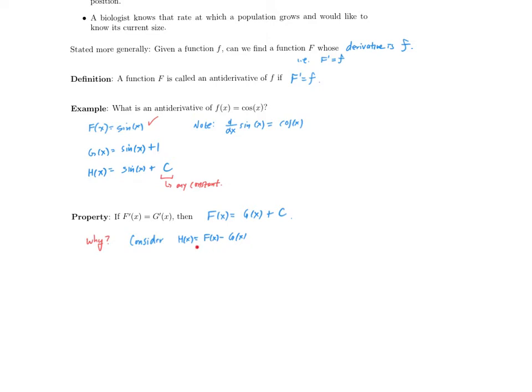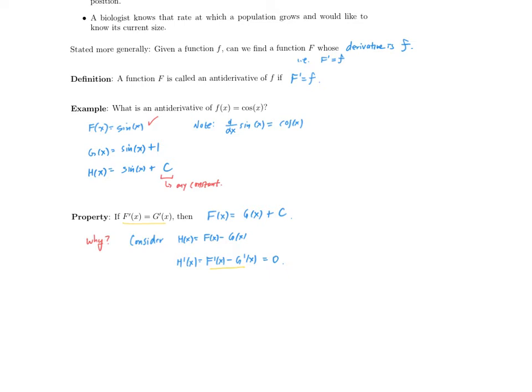So for this function h of x, if we could show it must be equal to a constant, then we're done. So what is its derivative? So h prime of x would be f prime minus g prime. And our assumption is that f prime is equal to g prime. And if two quantities are equal and we subtract them, we of course get back 0.